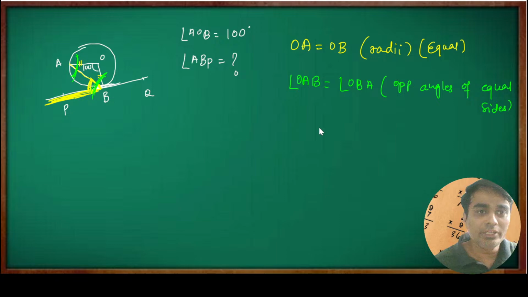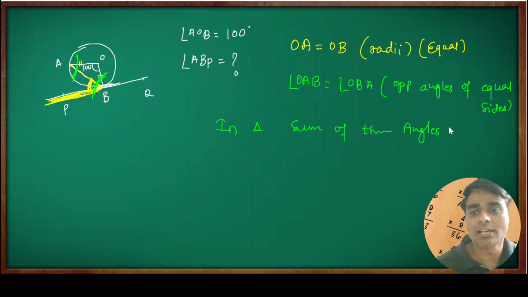So now, in a triangle, the sum of three angles will be equal to what? 180 degree, angle sum property.